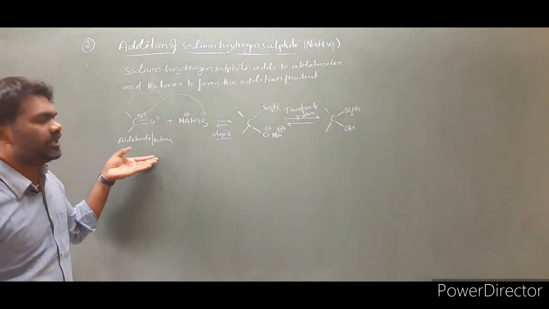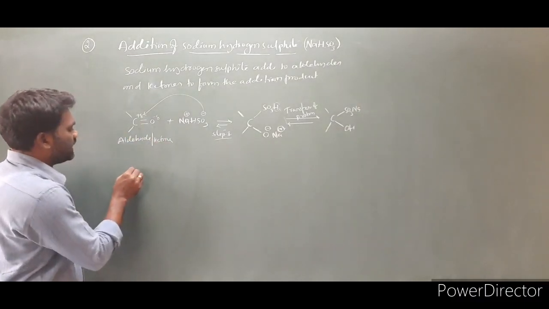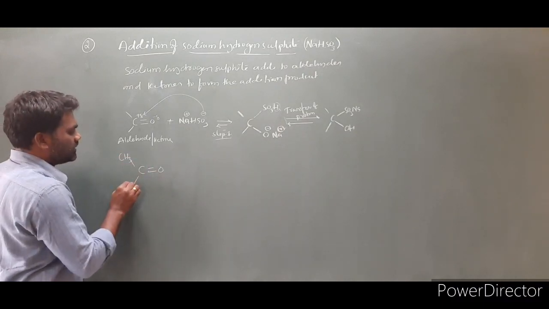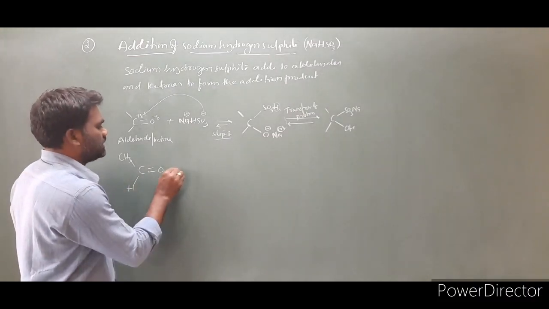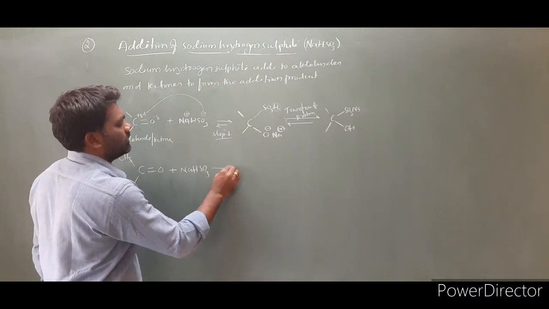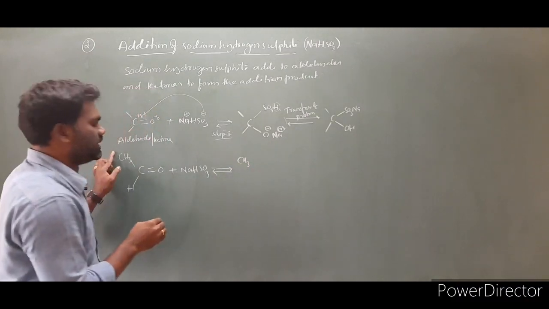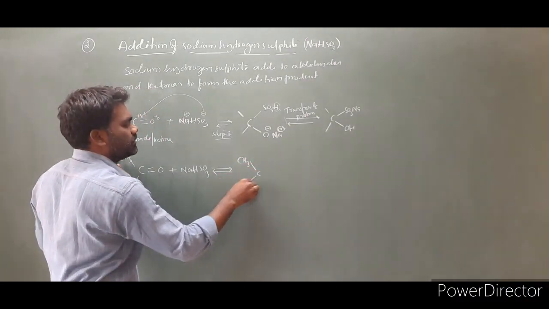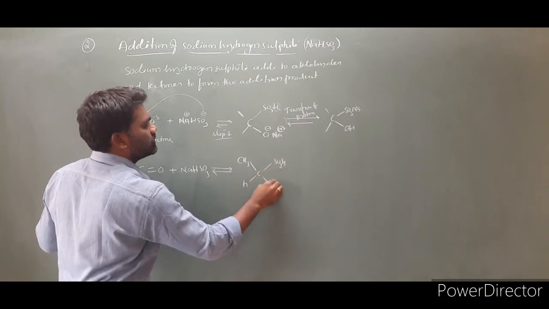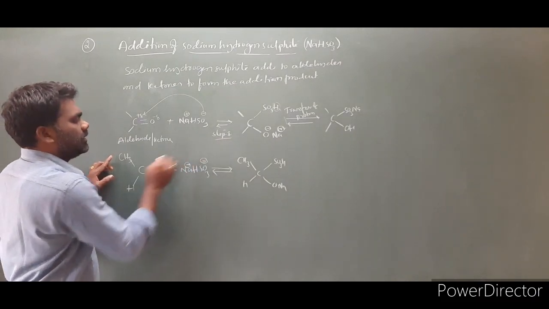Now let us take some aldehydes and ketones for understanding this equation clearly. First I am taking an aldehyde, CH3CHO with C double bond O. This aldehyde reacts with NaHSO3. Then the product we can expect is CH3, which remains the same, then CH, with SO3H and ONa.